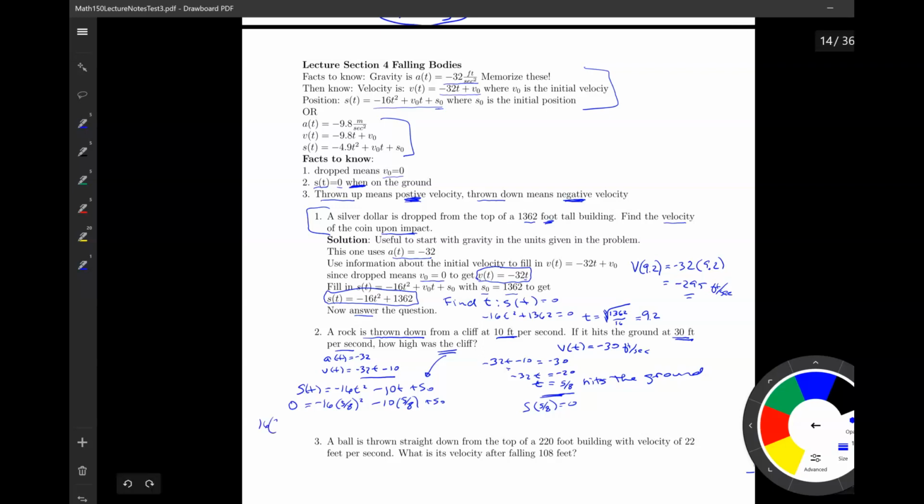So I'll get 16 times 25 over 64 plus 10 times 5/8 equaling s naught. So that will give me s naught is 25 over 4 plus another 25 over 4, so 50 over 4, or 25 halves. So that is the height of the cliff, that many feet.